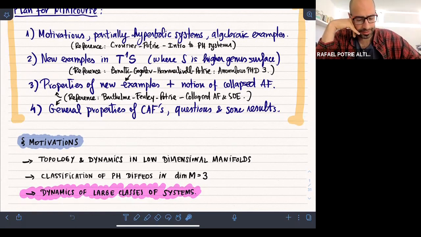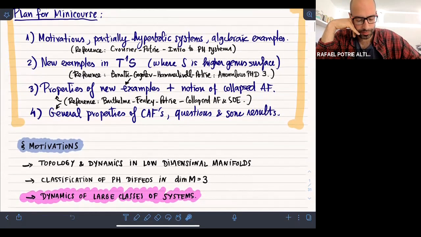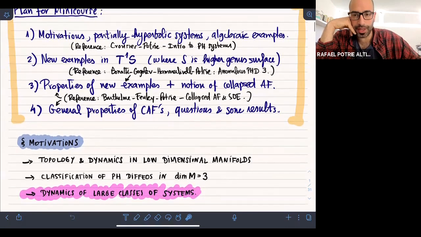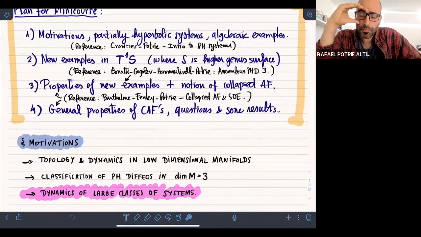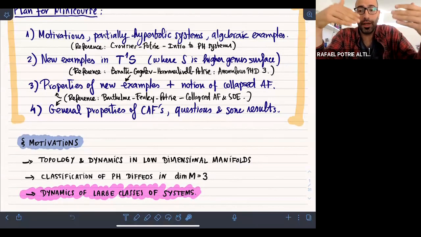But the focus I want to give, in order to avoid entering into a lot of details about topology and geometry, which may be farther from a dynamical systems school, is to emphasize the points of view that have to do with understanding the dynamics of certain systems and how the class of systems that I will present can be attacked to understand their dynamical properties.